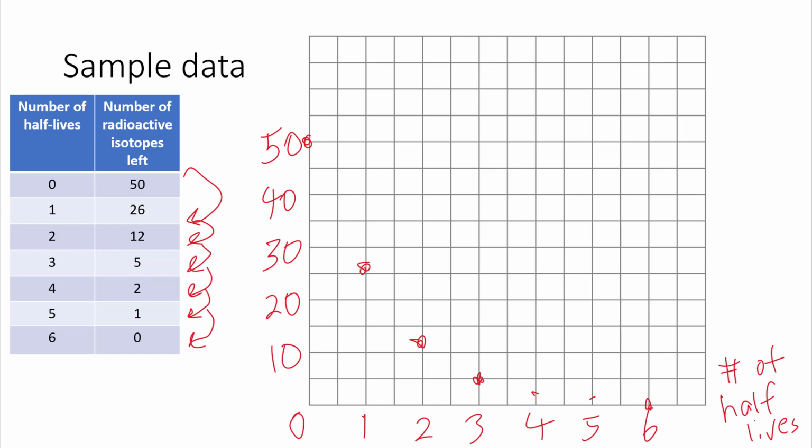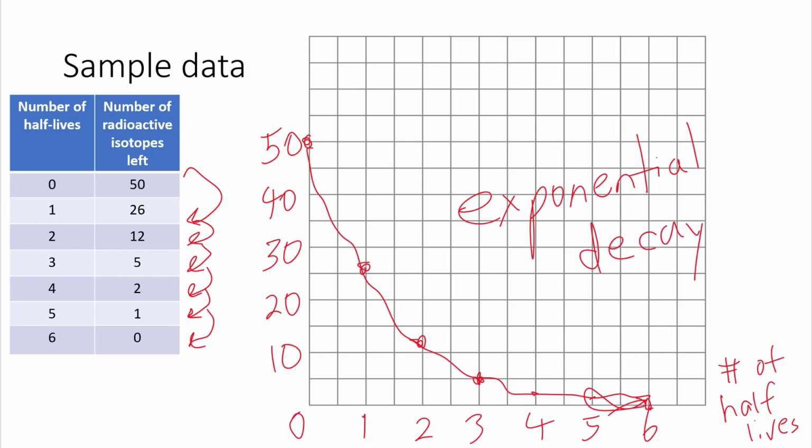And you'll notice it looks like this curve that eventually leads to 0. Ignore my bad sketching there. You can do much better on your paper. And so this is called exponential decay. Anytime you have something that leads to 0 progressively faster. And this is what happens to radioactive substances.